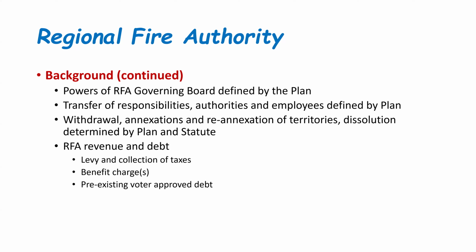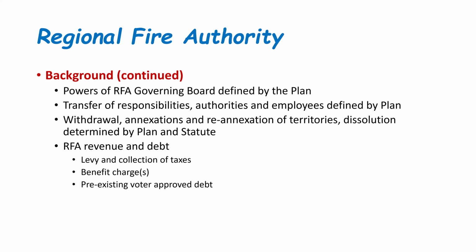In the example that I gave before about an RFA doing all that, it's not a contractual relationship, it's a governmental relationship. Since it's all defined by the plan, it would actually take money away from Fire District 8 and put it in the account of the RFA to provide those services. So there's no contractual relationship.